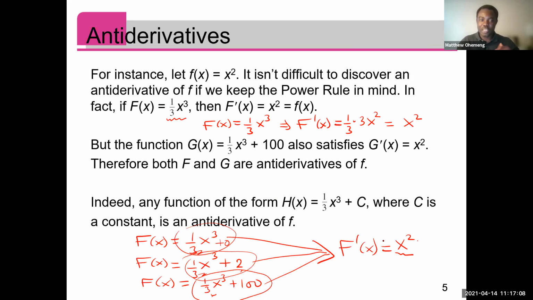So the general antiderivative is going to be 1 over 3 x cubed plus the uppercase C, an arbitrary constant. That's the general solution.